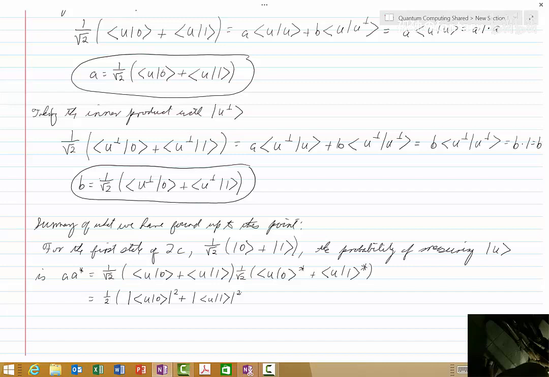But we also have cross terms we need to deal with, which will be the inner product of u with 0 times the inner product of u with 1 conjugate, plus the inner product of u with 1 times the inner product of u with 0 conjugate.